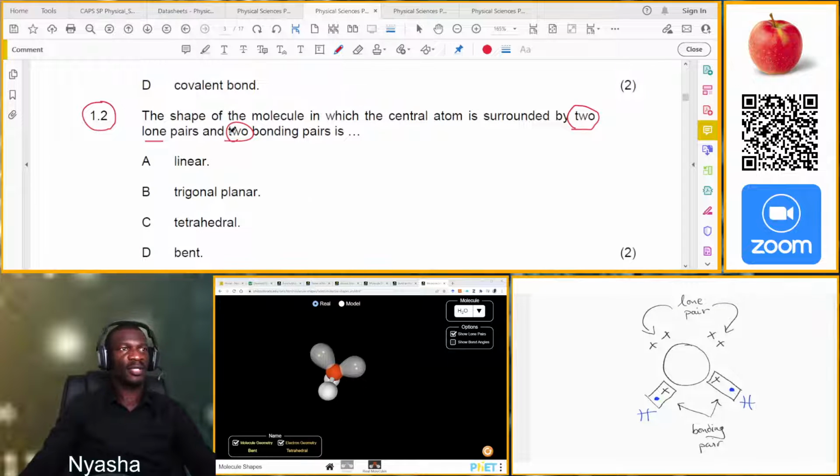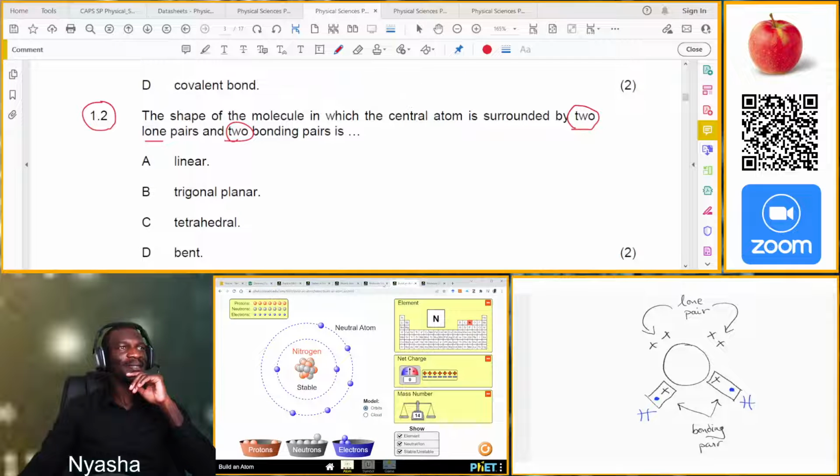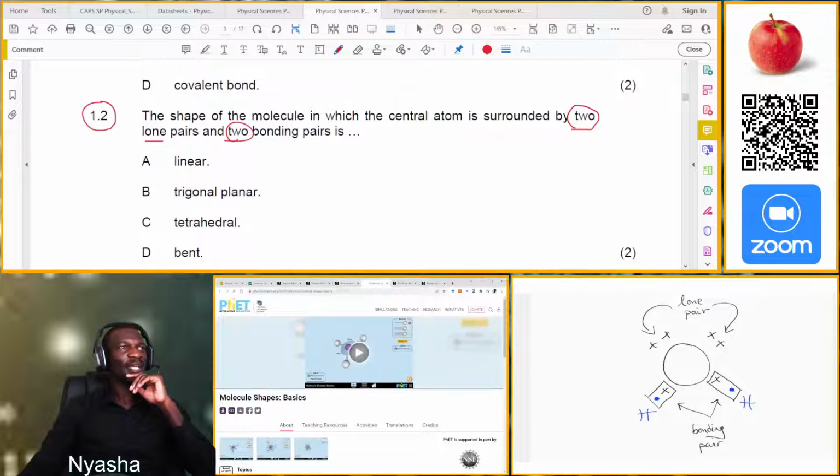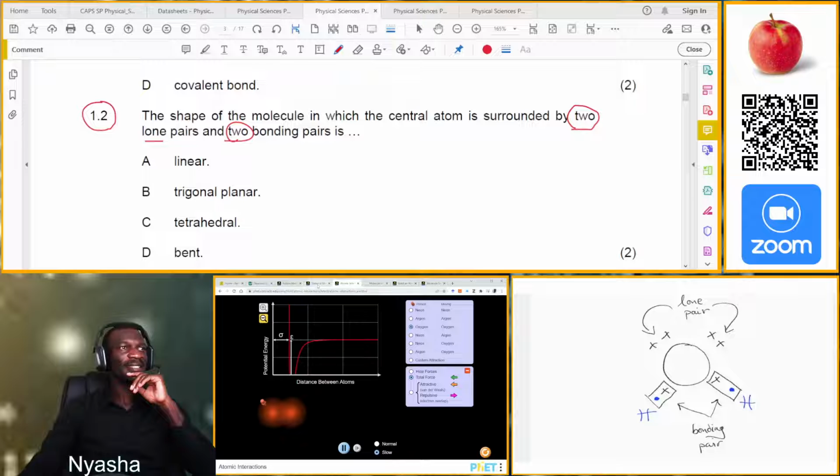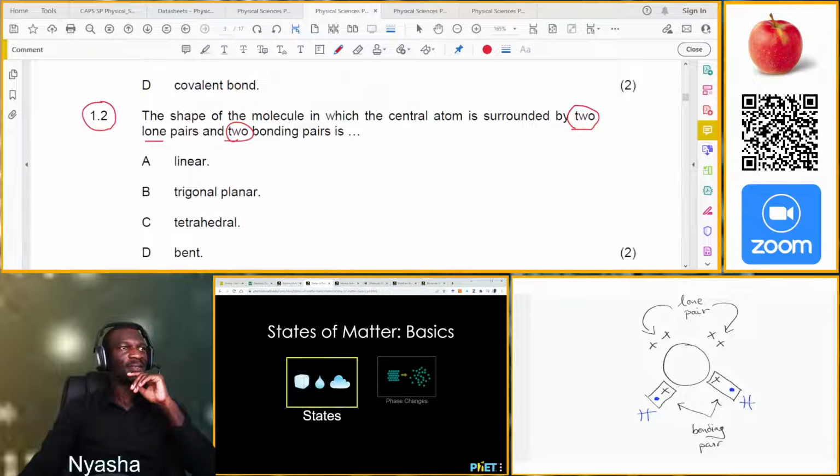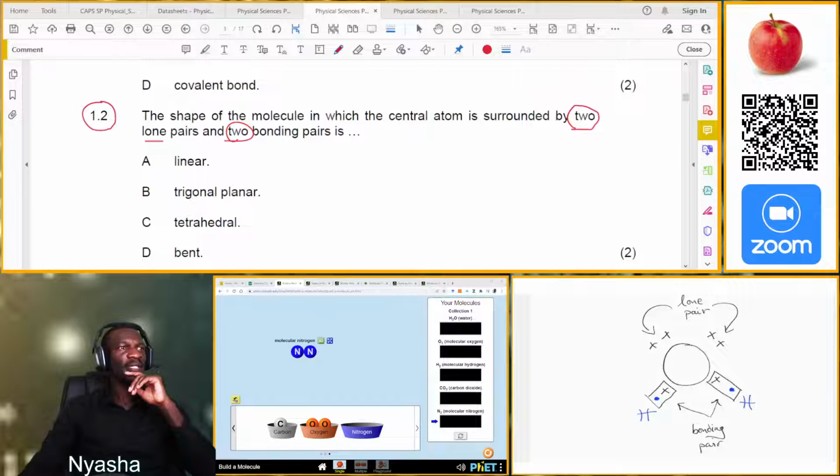Right. So here we have the first one, linear. Let's just look at how a linear molecule looks like. Let me also see if there is an option for us to select our lone pairs and bonding pairs.